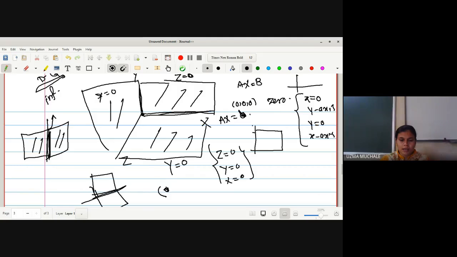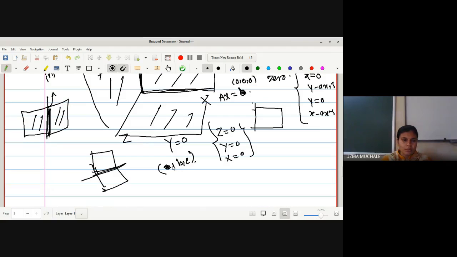It may be some A, B, C. This is the common intersection point between all those planes. They are not the xy, yz and zx planes, they are arbitrary planes. The intersection of those three is a common point.